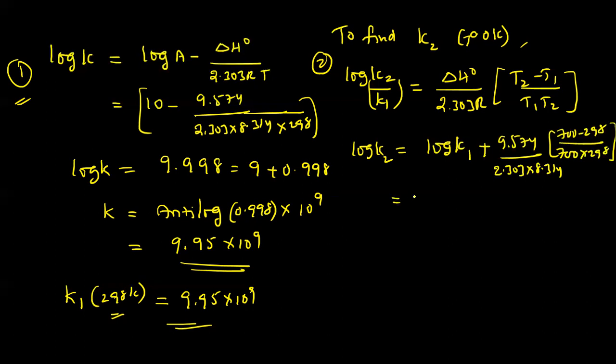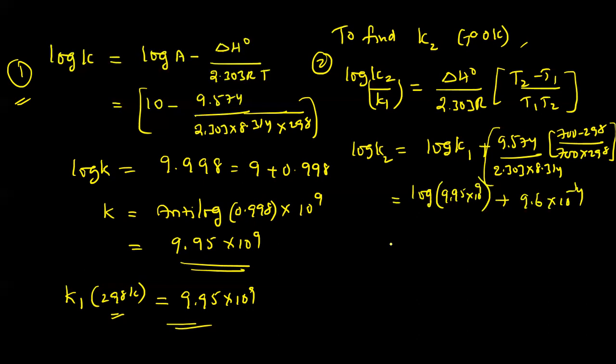And for log K1, I will now substitute the logarithmic K value, 9.95 into 10 to the power of 9, the value we observed earlier, plus the calculated part of the other number, which became 9.6 into 10 to the power of minus 4.